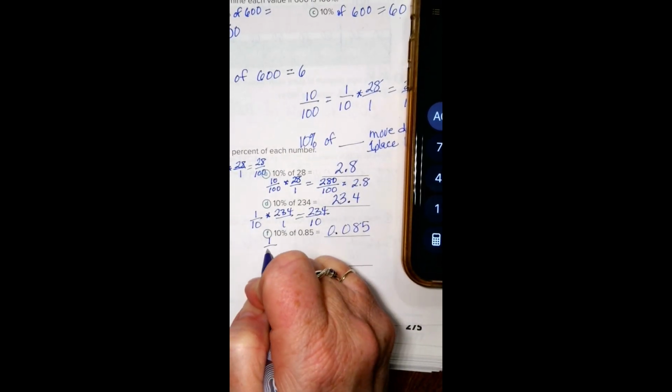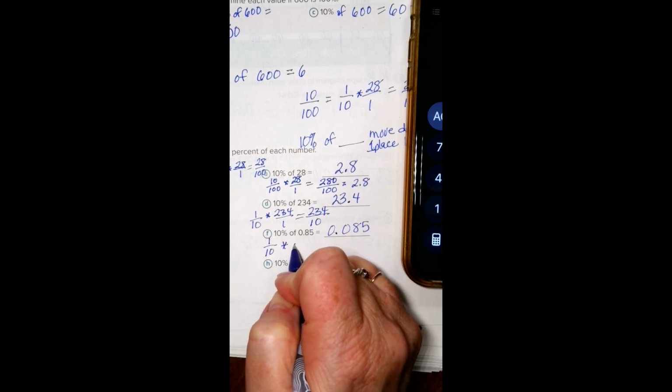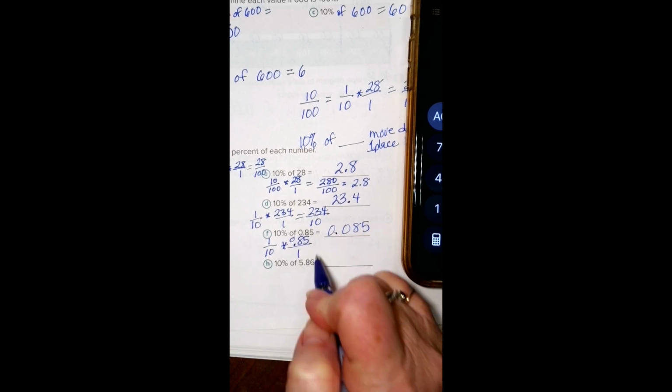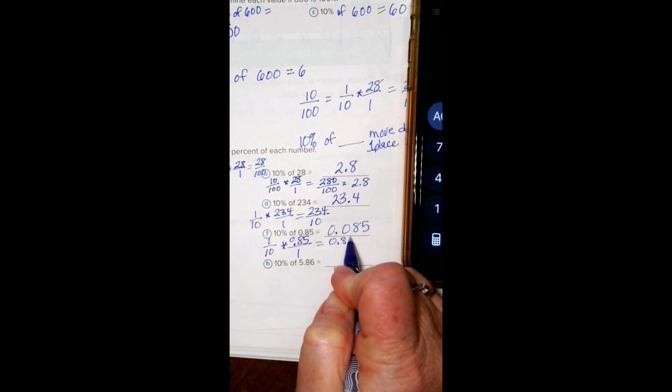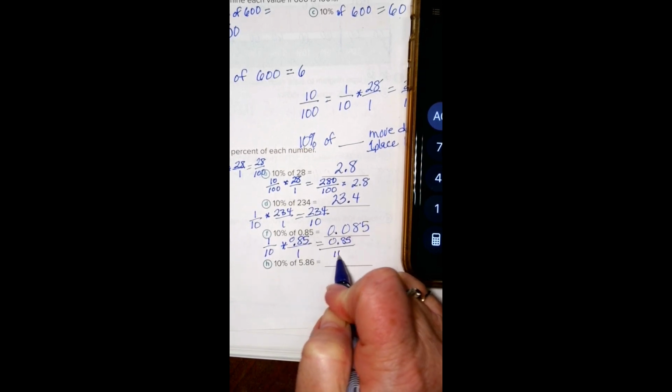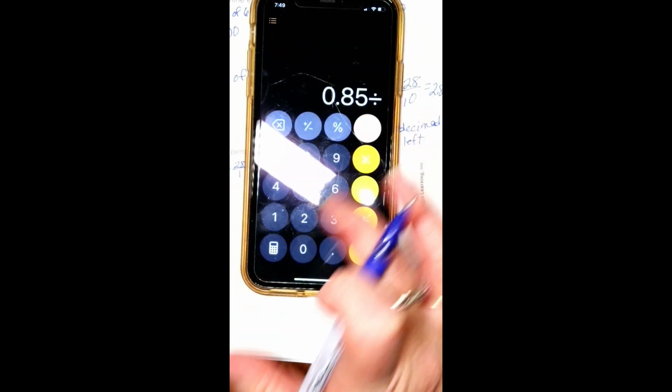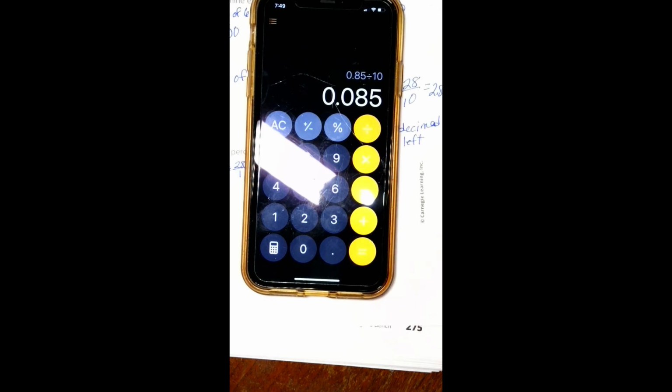So 85 thousandths. If we wrote it out, 1/10 times 0.85, you can put the 0 there if you want, over 1. 0.85 over 10. If I did that as a division, 0.85 divided by 10. Same thing.